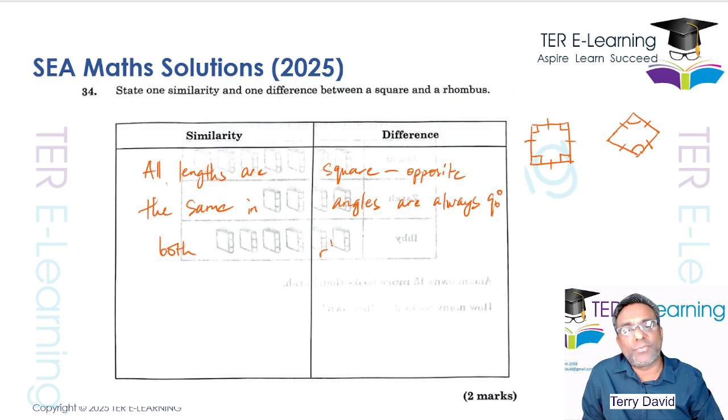Whereas for the rhombus, opposite angles are equal but may not be 90.